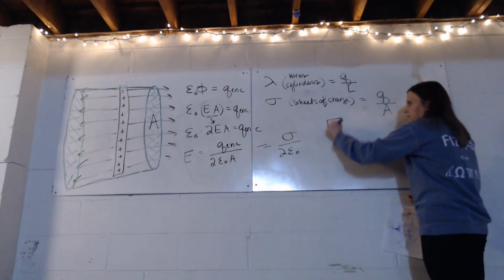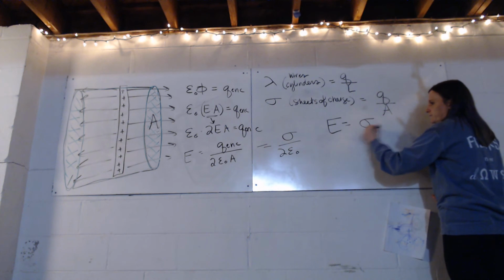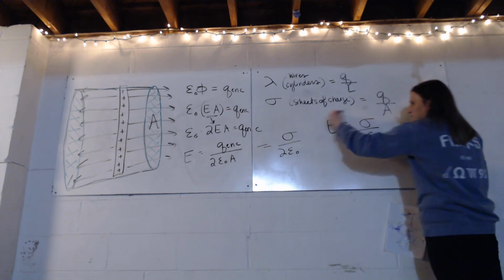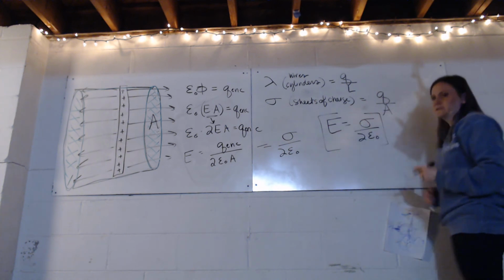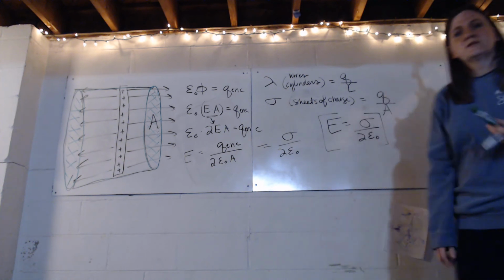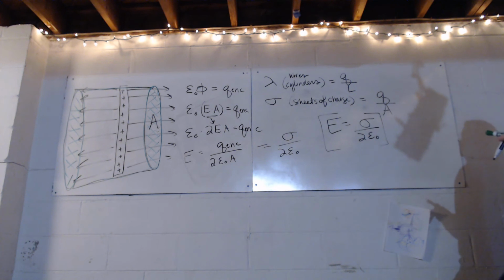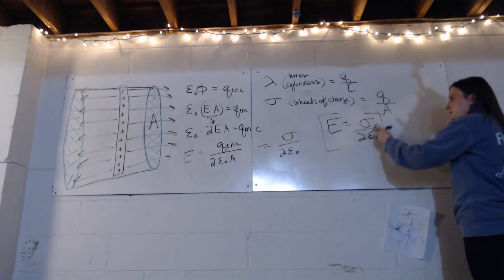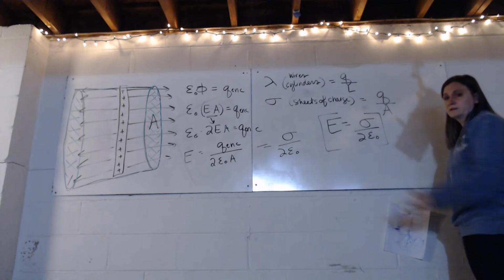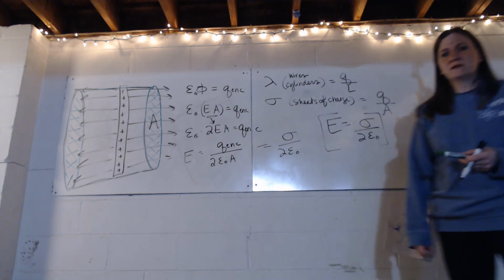I'm just rewriting it over here where I have a little bit of room. This is the equation we often use when we are solving problems with sheets of charge. So if I give you a sheet of charge, typically you would be given the charge density for it, and then finding the electric field is just plug and chug.